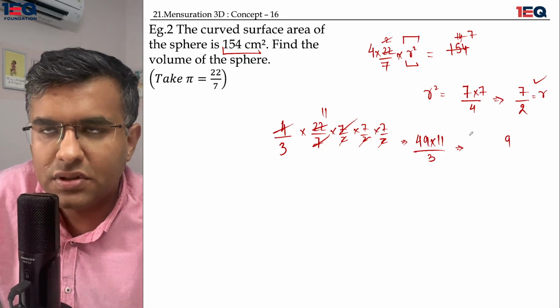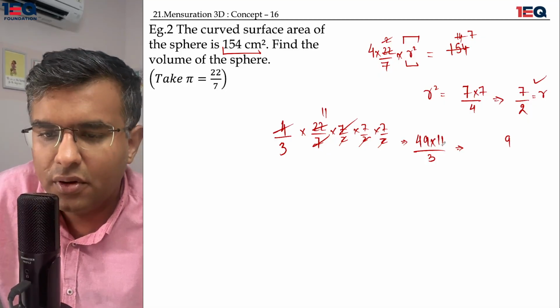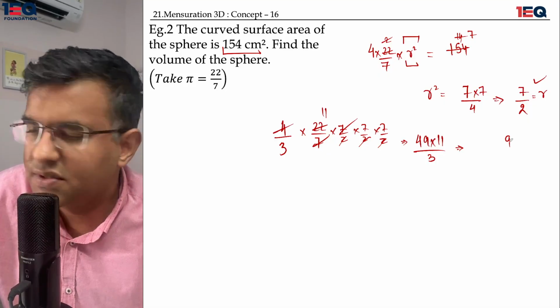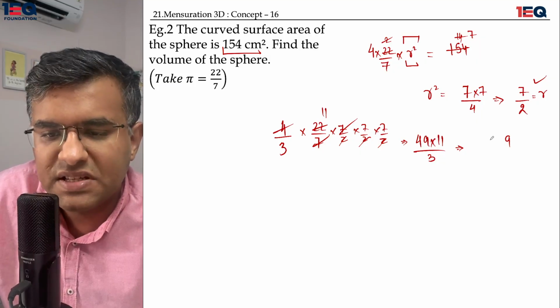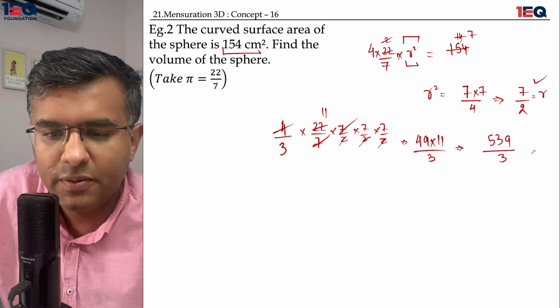We have 99, we have 44. 44 plus 9 is 53. 53, so 539 over 3 is going to be my answer.